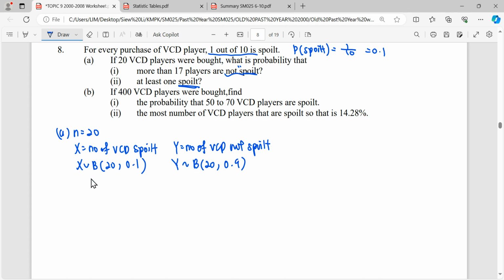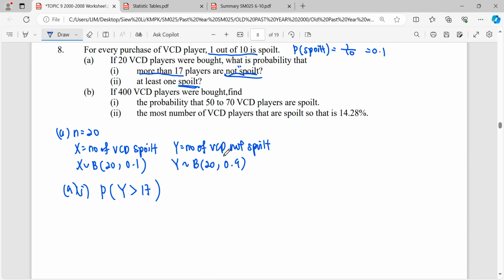So for the first question A1, it is talking about not spoiled, meaning probability Y more than 17. The VCD is good, so it will be under the good one.